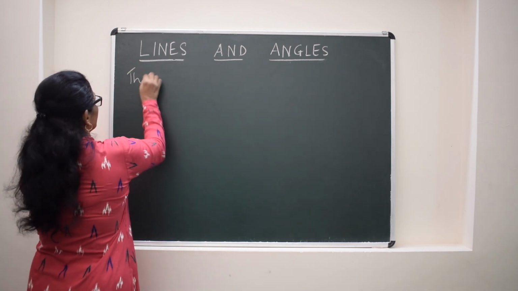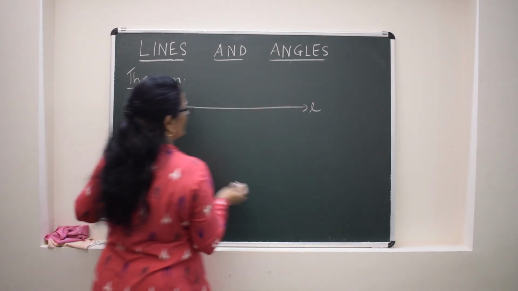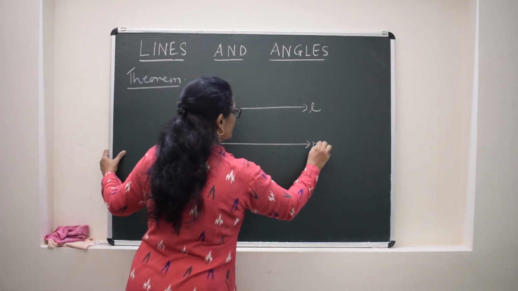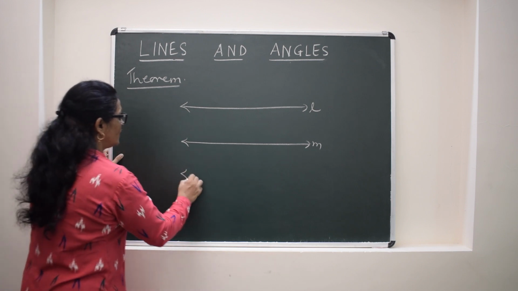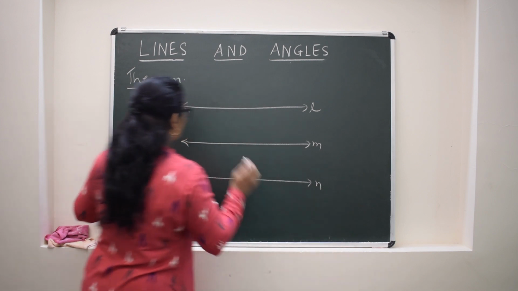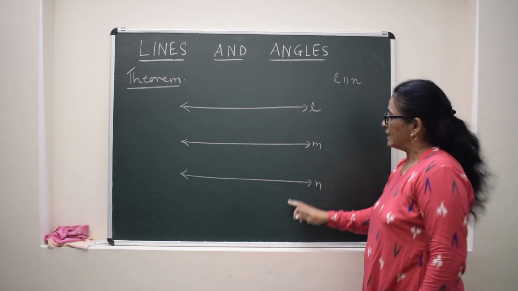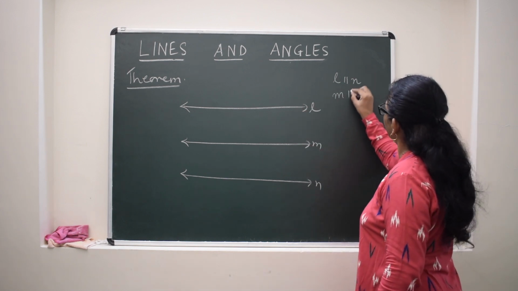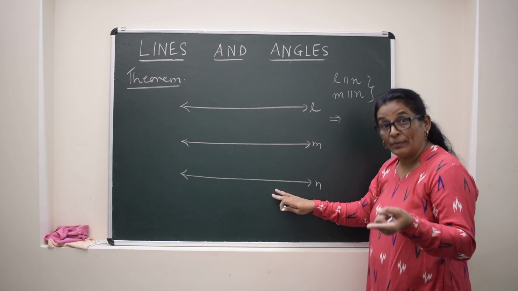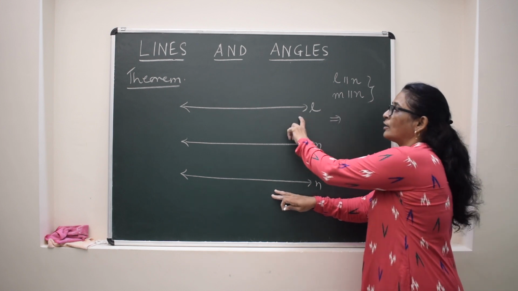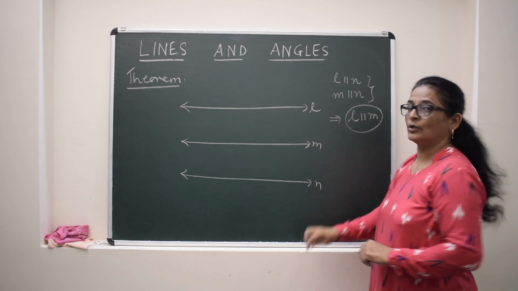The theorem says that if any two lines, suppose line L and line M, are given, which are parallel to the same line, meaning the same third line, and the third line is this N. So given is L is parallel to N, and M is also parallel to N. Then the theorem says they are parallel to each other, meaning what we have to prove is L is parallel to M.